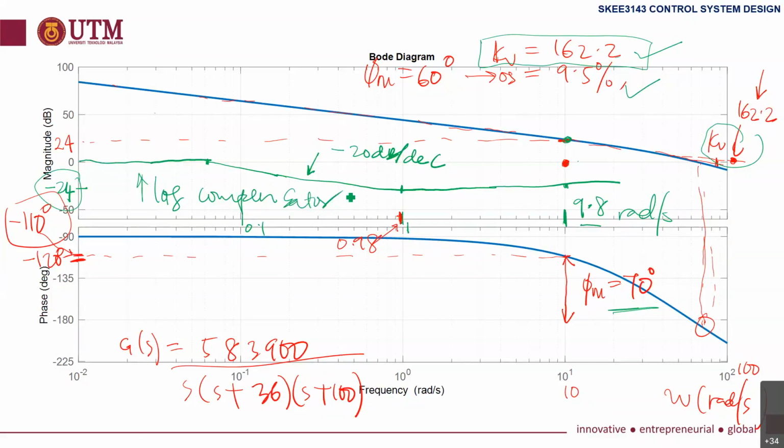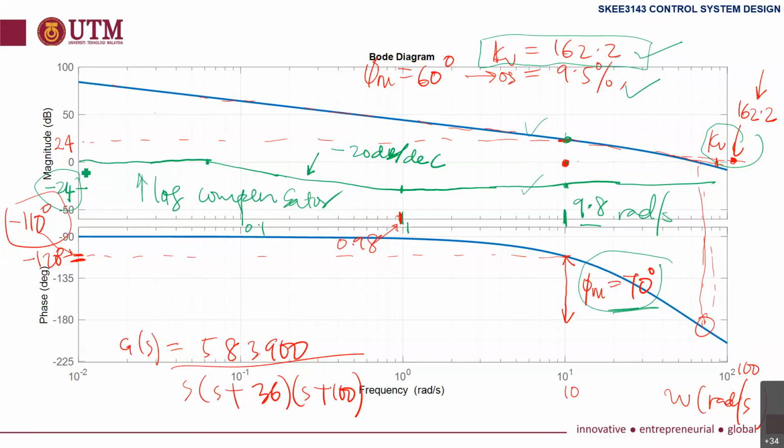With this, we can make sure this point goes to 0 if we add these two. Then we get a phase margin of 70 degrees. And the other important thing is we can make sure KV is maintained.